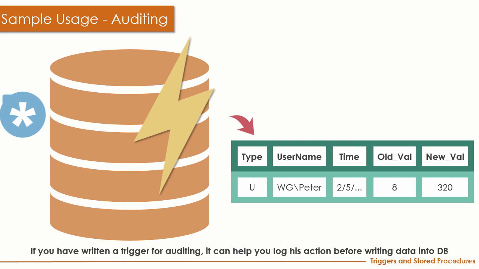So the type is update, the username who made the change is WG Peter, and the time is 2nd of May. The old value is $8, the new value is $3.20. So you can record this, and then when you find the data has a problem, you can go back to check.